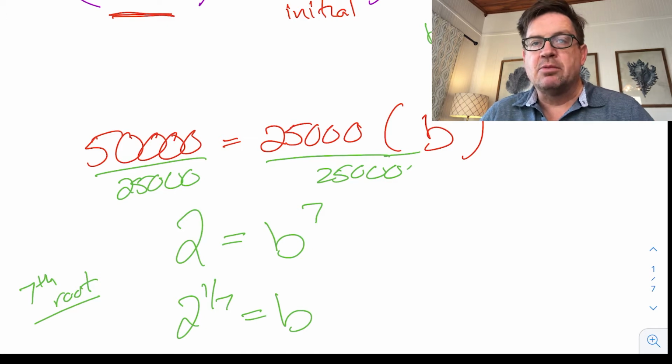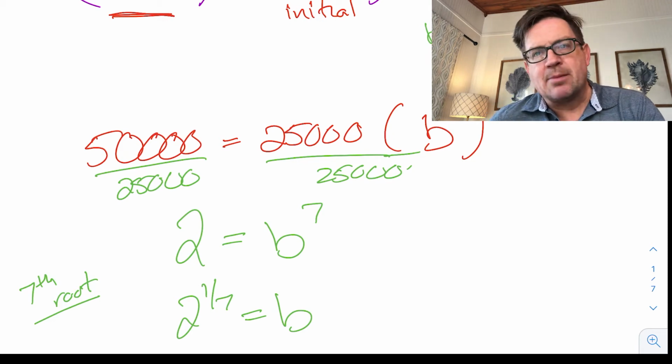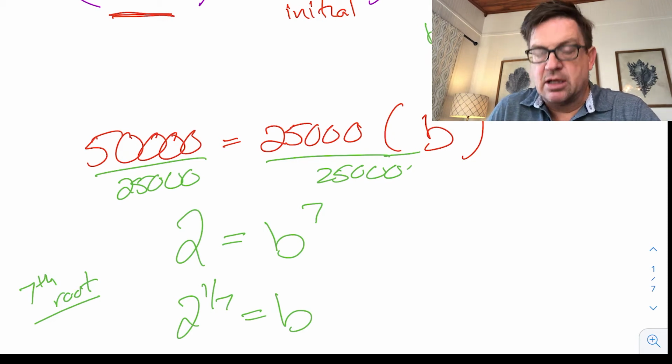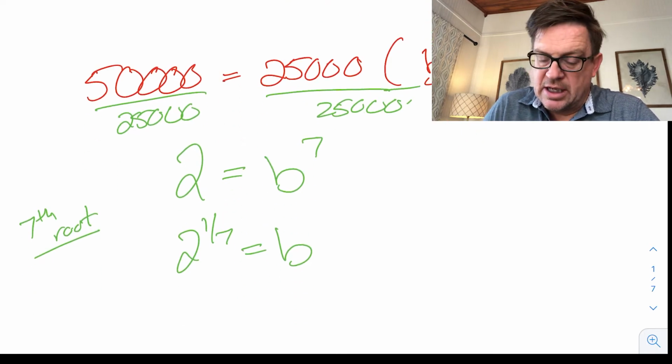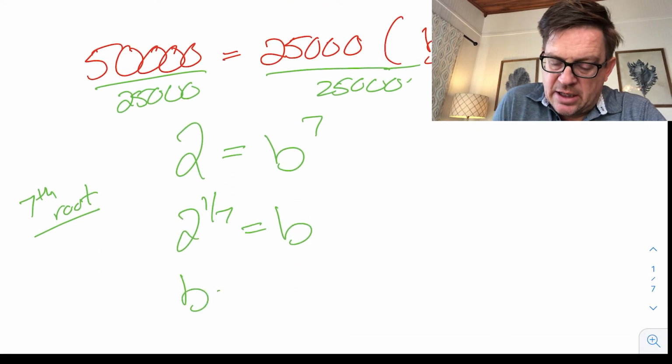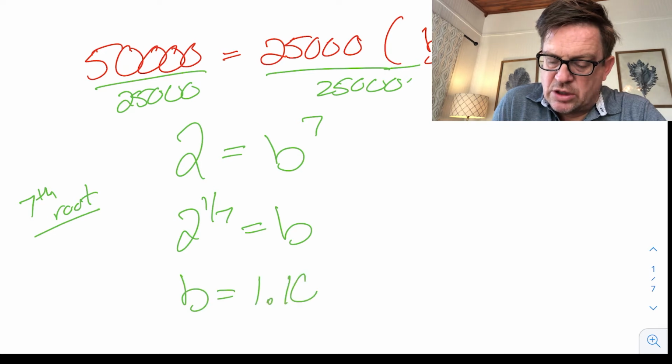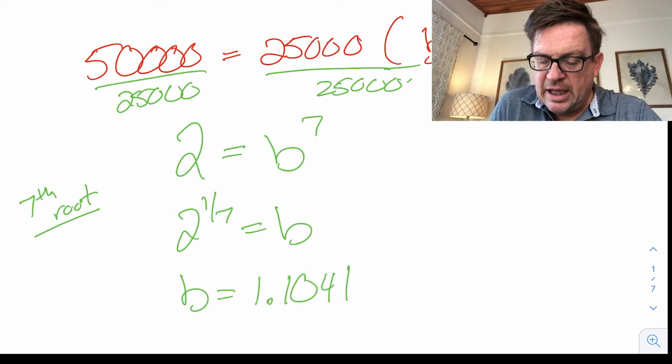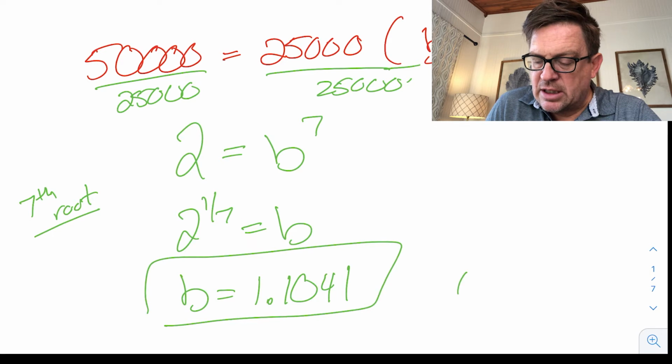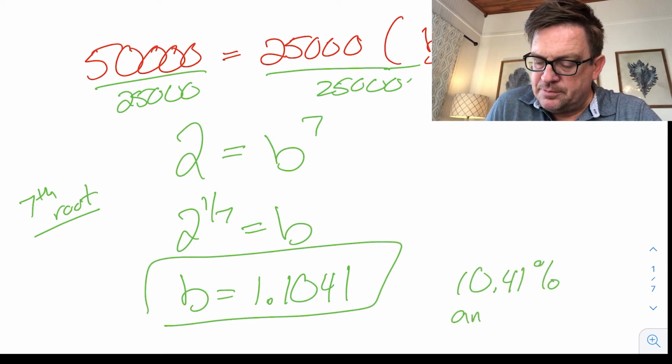It'll calculate some number that, when you raise it to the 7th power, you get 2. It's 1 point something, and the calculator has an algorithm to figure that out. You could do guess and check, but let the calculator do the work. And the calculator comes out to 1.1041 for b. So that's a 10.41% annual growth rate.